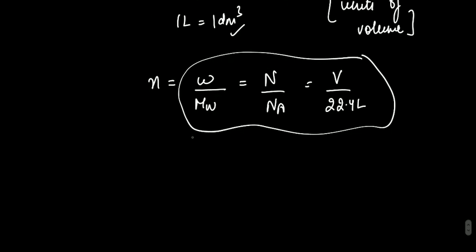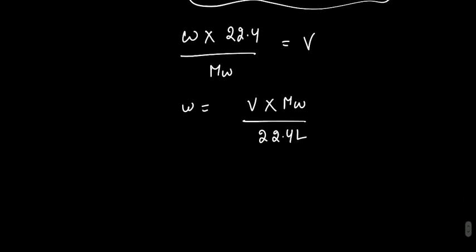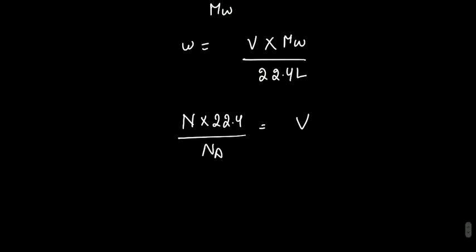So we can relate with the volume: given mass into 22.4 liter divided by MW will give you volume. Or we can do it like this: V into MW divided by 22.4 liter is equal to mass. We can compare with the number also: number into 22.4 liter divided by Avogadro constant is equal to volume. Then number is equal to volume into Avogadro constant divided by 22.4.